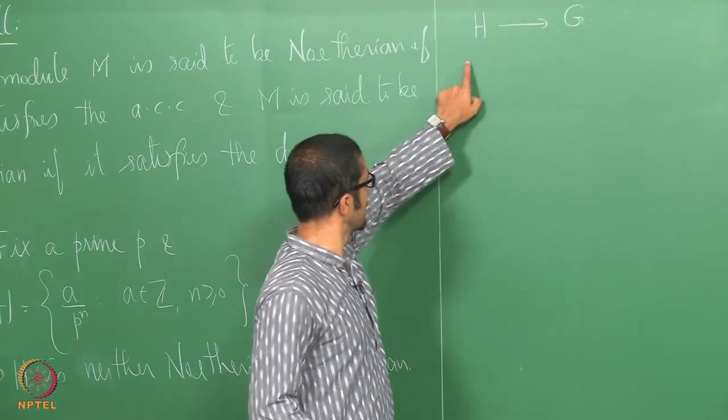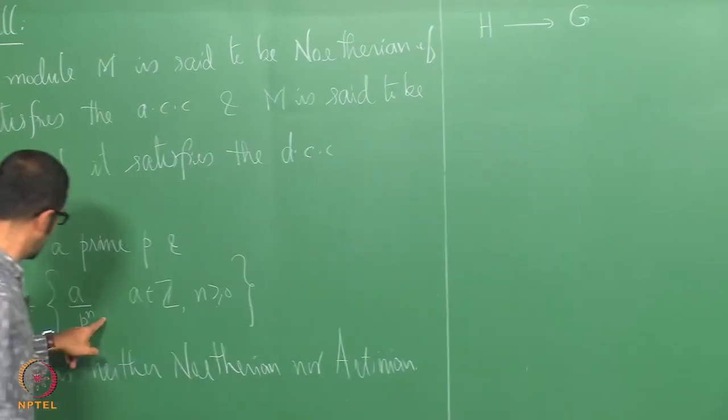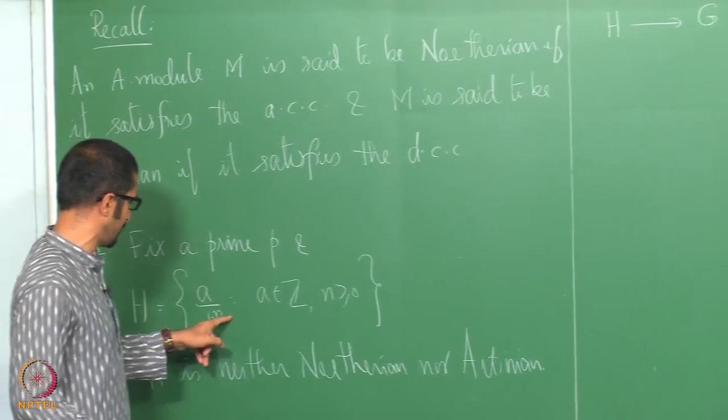So, here an ascending chain cannot terminate, but any descending chain here also cannot terminate.